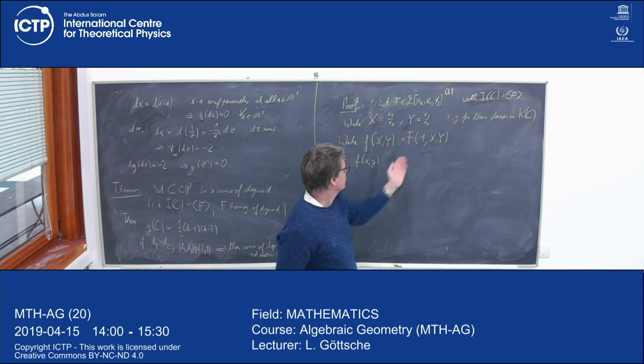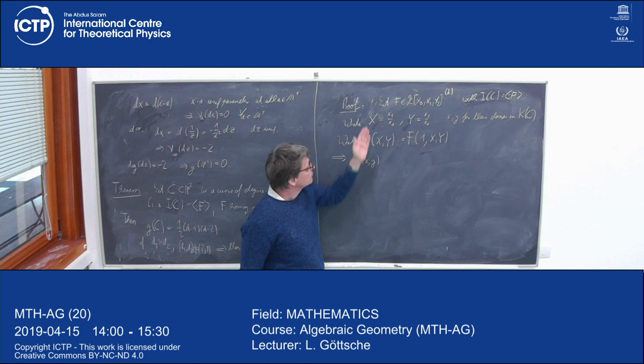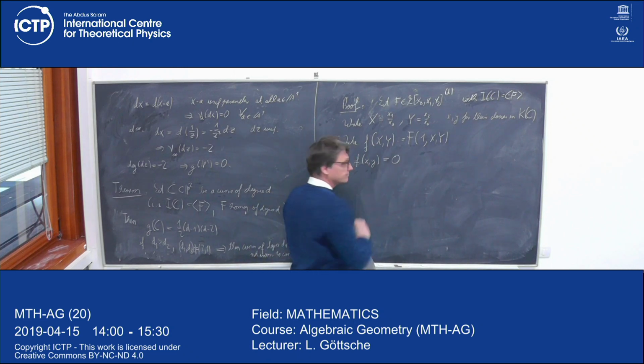So if I take the corresponding function on C, it's the restriction of F to C, and C lies in the ideal, so it vanishes there. So this is the 0 function.